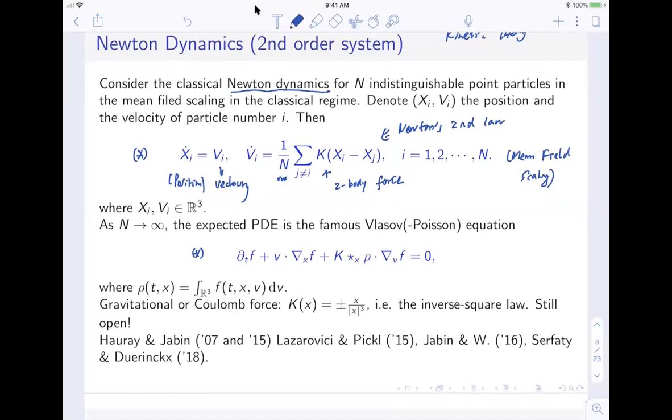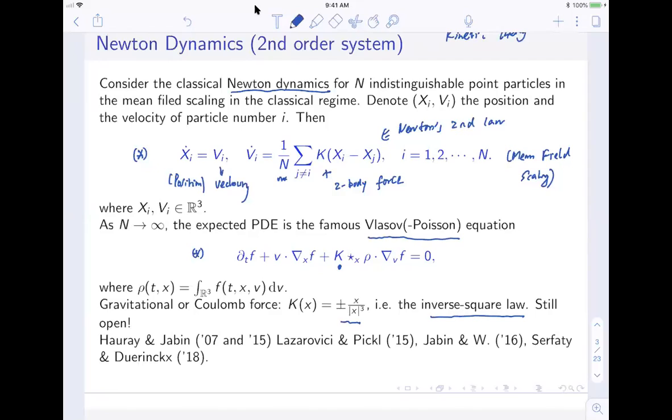In particular, if we choose this K as the gravitational or Coulomb force, which is just given by the inverse square law, gravitational force or Coulomb force, then this PDE is called the Vlasov-Poisson equation.